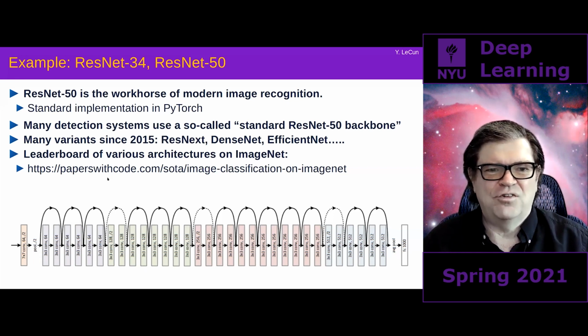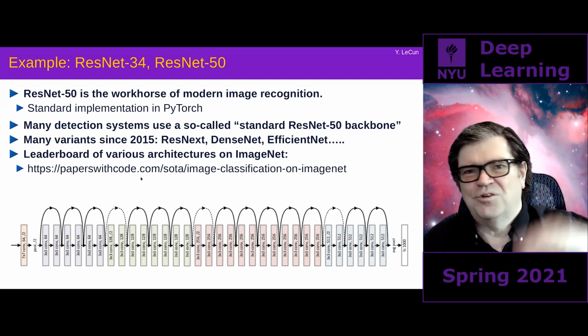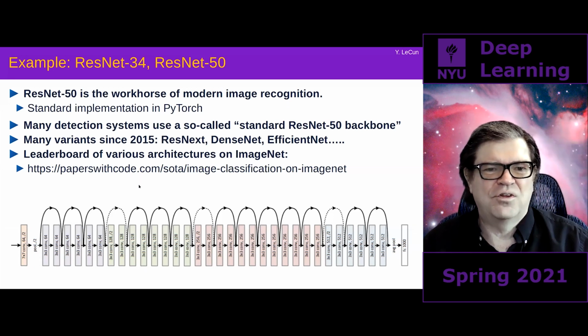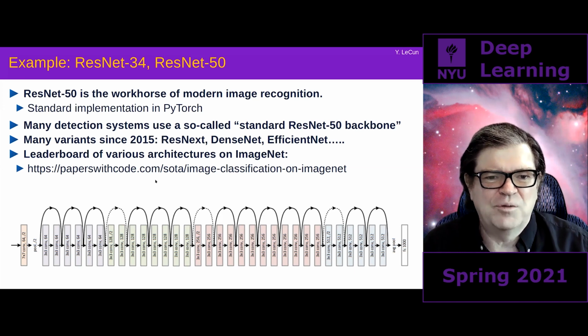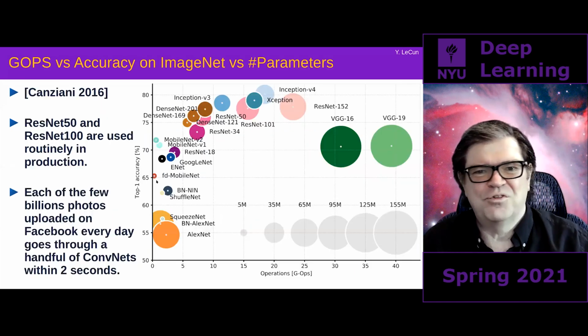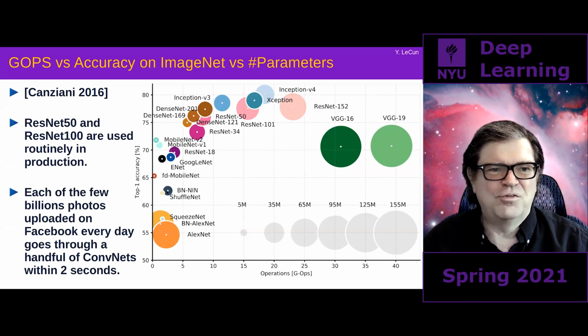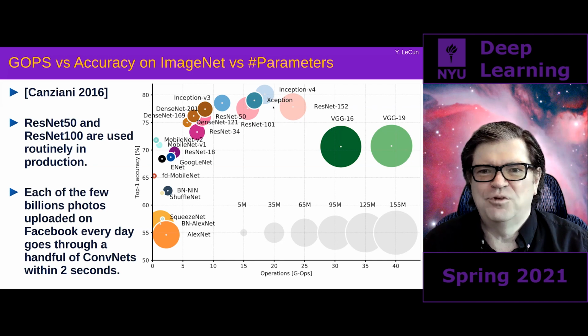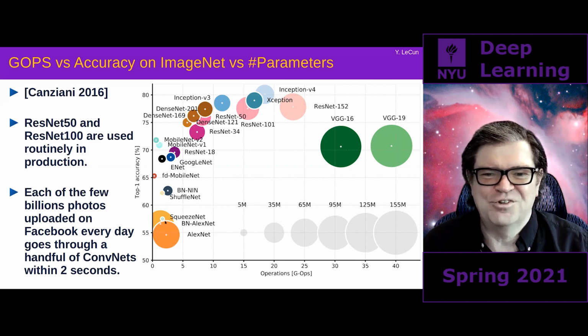There are a lot of variations of this, and you can go to this URL and check the current state of the art on ImageNet. There are various types of papers with code, a small company that was recently acquired by Facebook that organizes all the results and papers that people have. This is a chart a few years old, about 4.5 years old, that Alfredo put together. Alfredo, you should probably make a more recent version of this.